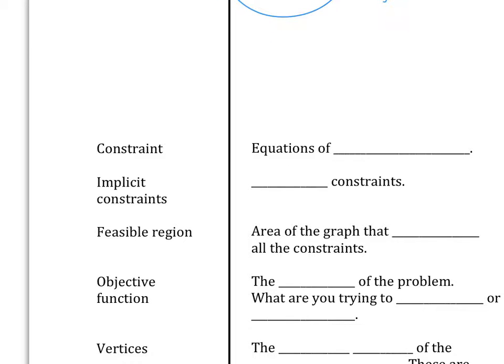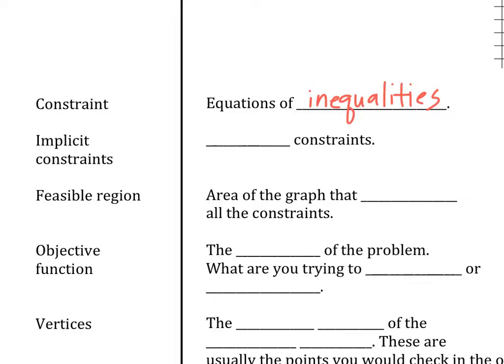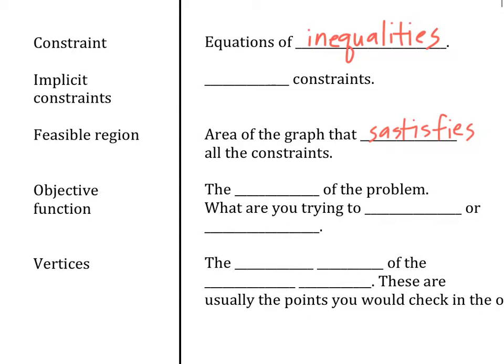Constraints. So this is the equations of inequality, or inequalities. Let's skip implicit constraint for now. Feasible region is the area of the graph that satisfies all the constraints. This area, no matter what point you pick, will make all of the constraints true. The objective function is the goal of the problem, what you're actually doing.